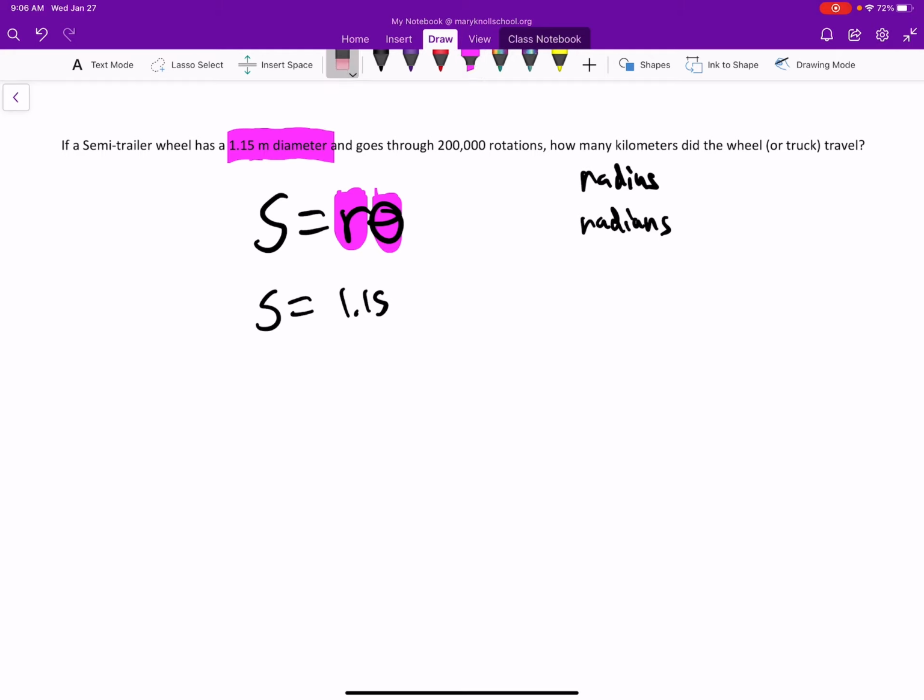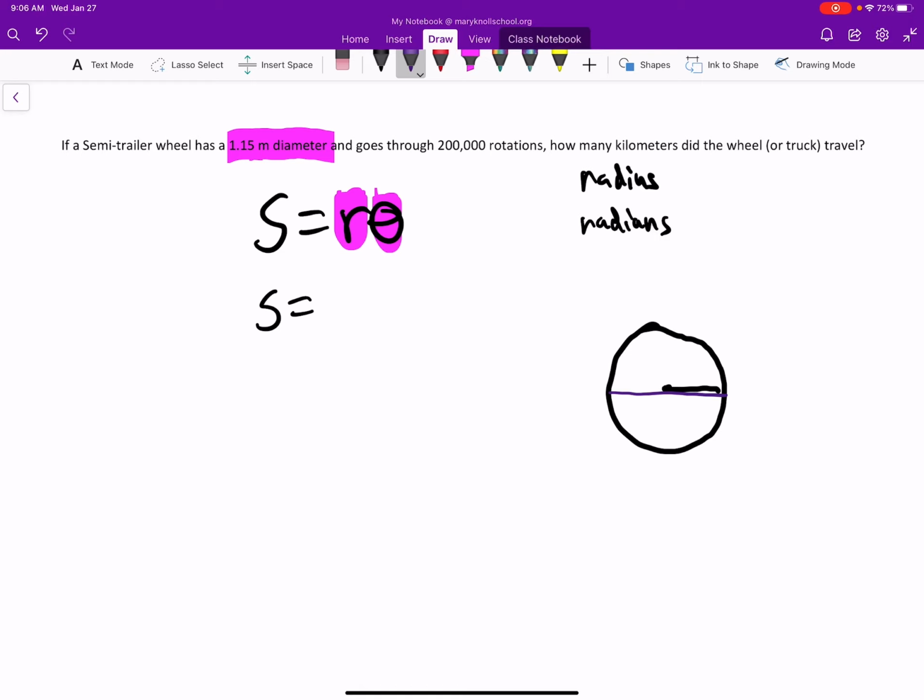So what we need to do is get rid of that and realize that if we have a circle, this is going to be the radius right there, but this is the diameter. The diameter is all the way across the middle of the circle, whereas the radius is from the center to the edge of the circle.